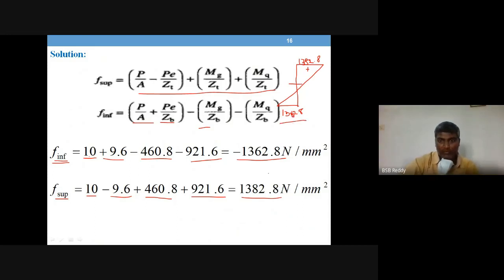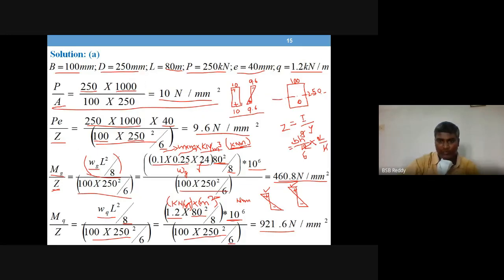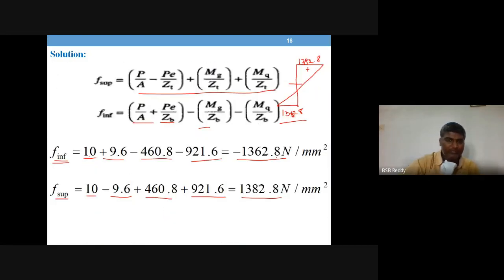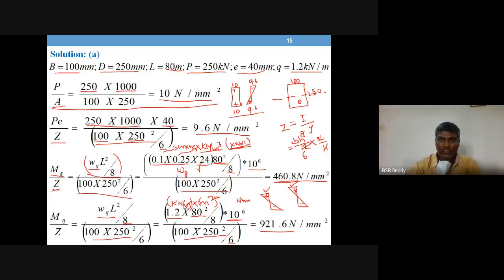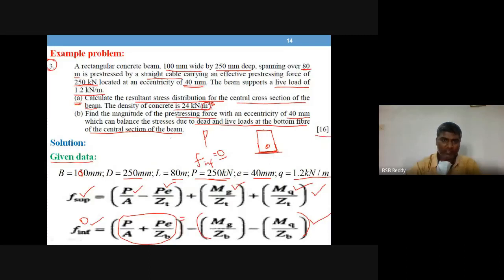Okay. Individual stress diagrams also you can produce, or else just a value. Okay. So better to add the diagrams for this, right? This is question A to answer. Okay. Total 16 marks question. And coming to question B, the stress at bottom fiber shall be 0.